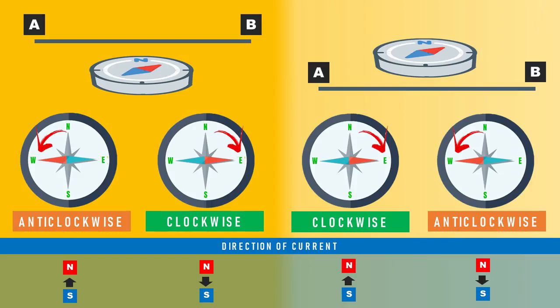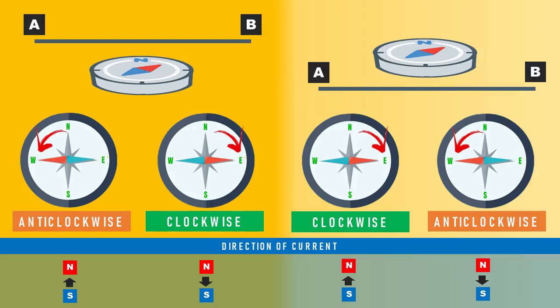What will happen to the north pole of the magnetic needle? In which direction will it deflect? We have already studied that the magnetic needle is below the conductor. So below, left. So the magnetic needle will deflect towards the left of the current carrying conductor. That is nothing but towards west. And the direction of movement of the magnetic needle is anti-clockwise.